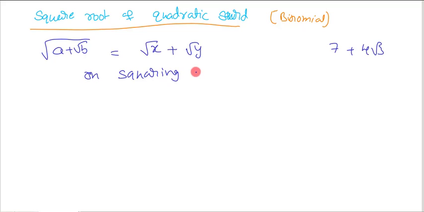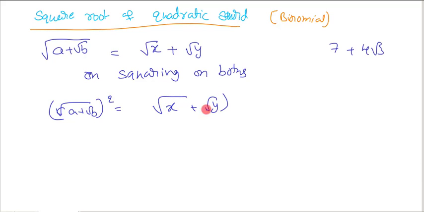On squaring both sides, we can write the square root of a plus root b, the whole square, is equal to under root x plus under root y, the whole square. Then the square and square root both get cancelled.